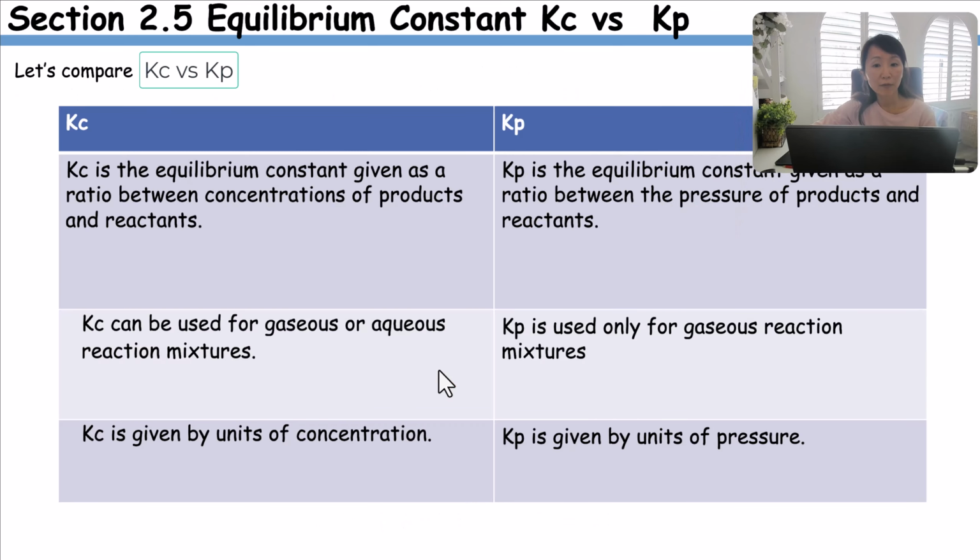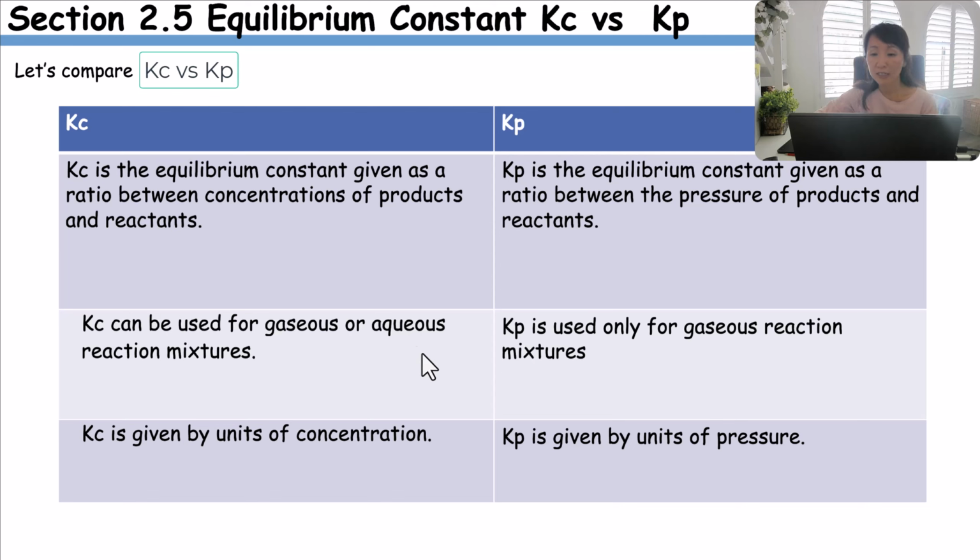Let's compare Kc versus Kp. Kc is the equilibrium constant given as the ratio between the concentration of the product and the reactant.